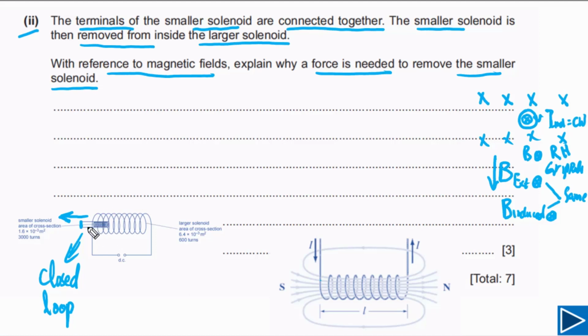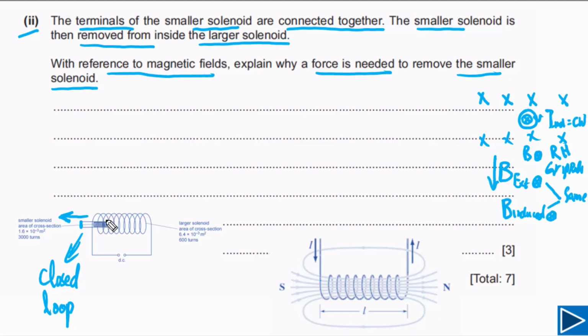Now, if you look at the setup of larger solenoid and smaller solenoid, we can simply understand as we move this smaller solenoid out of the larger solenoid, magnetic flux inside the smaller solenoid will change. As magnetic flux inside the smaller solenoid will change, there will be induced EMF. But this is a closed loop, so it means there will be induced current as well. And induced current will produce its own magnetic field to oppose the change in magnetic flux.